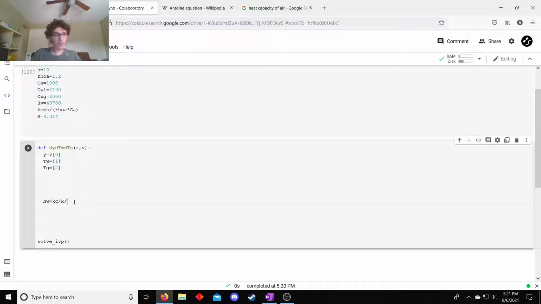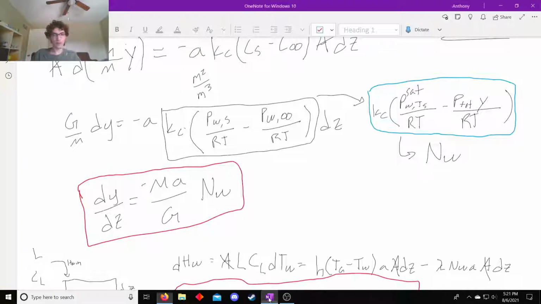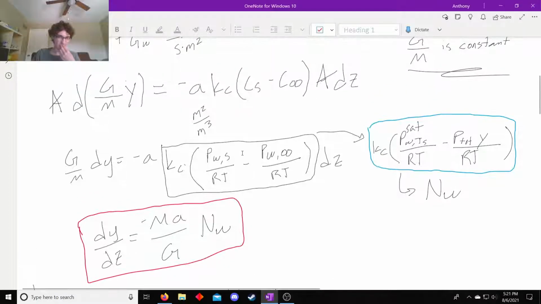Okay, divided by T. This is going to be the temperature. What is this? This is the temperature of the, what temperature would it be? This would be the temperature of the water. Well, would it?